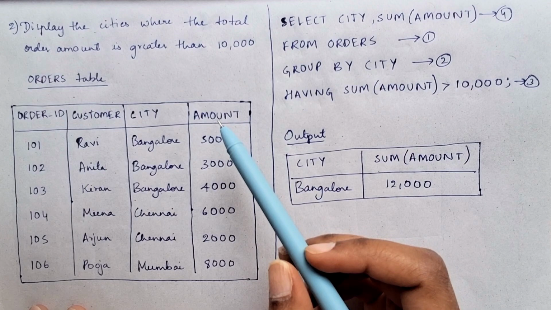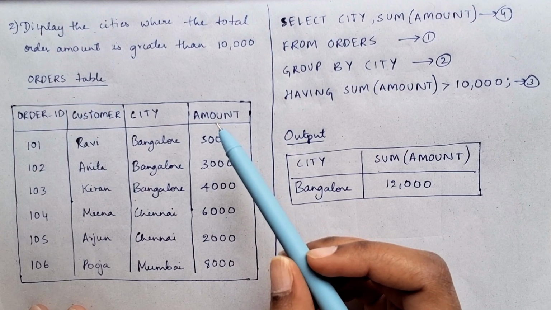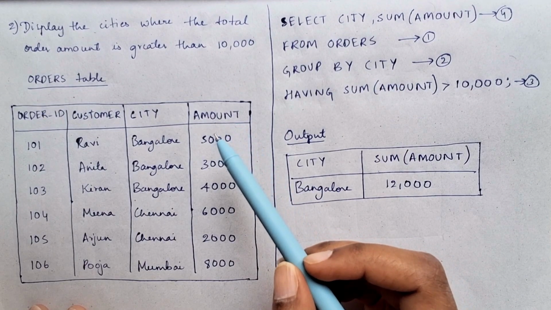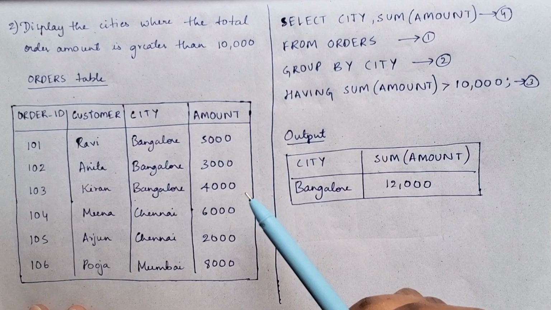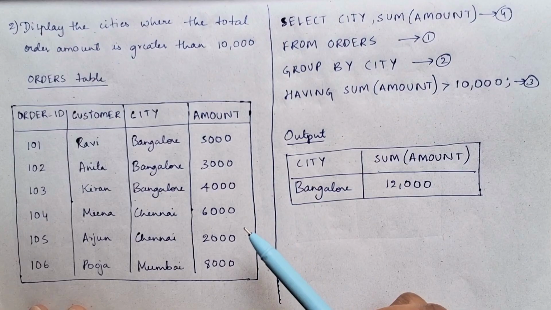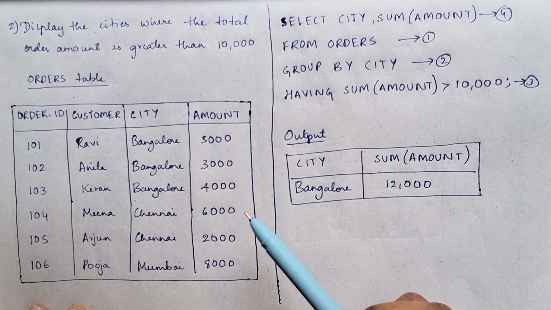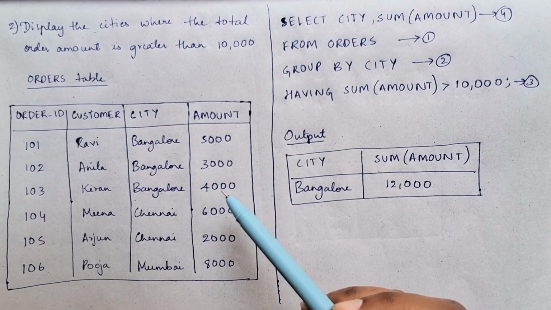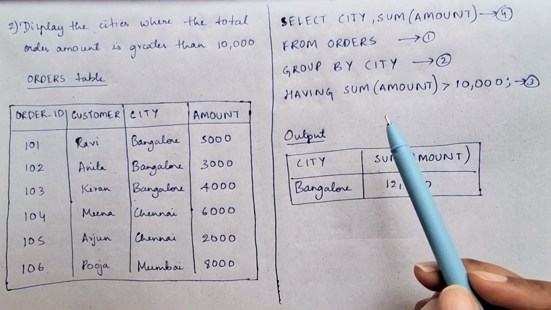So we must use the HAVING clause. The logic of this query is: group the data by city, calculate the total order amount using SUM(amount), and then filter the groups using HAVING SUM(amount) > 10,000. Now based on this logic, we will write this query.